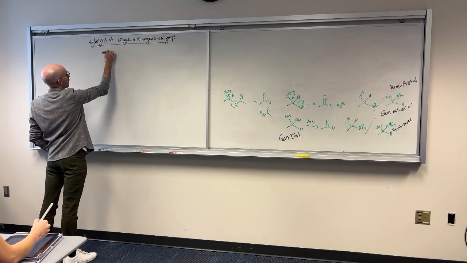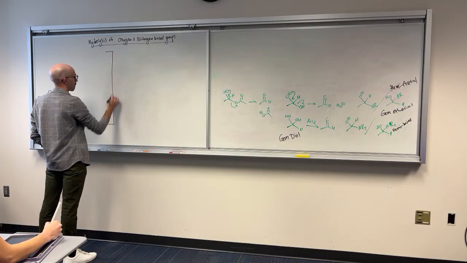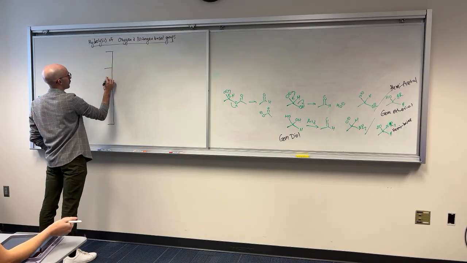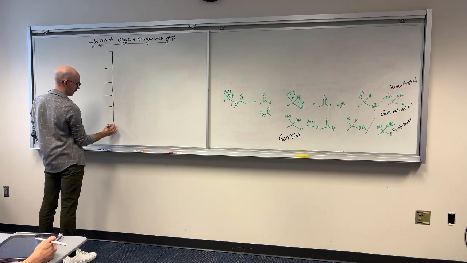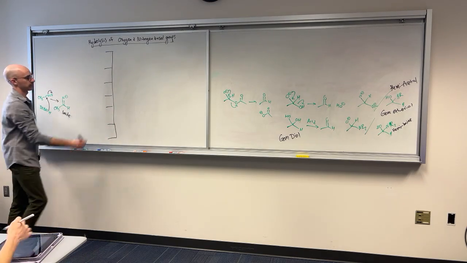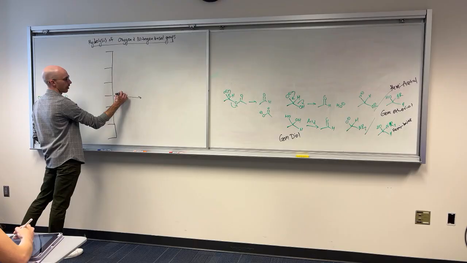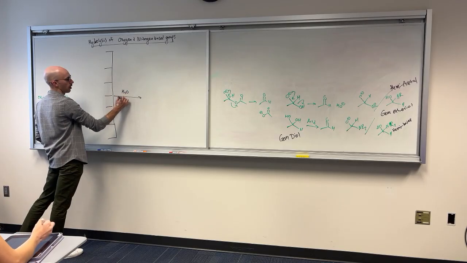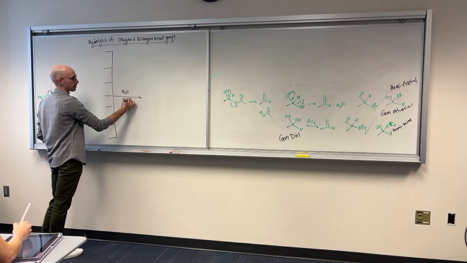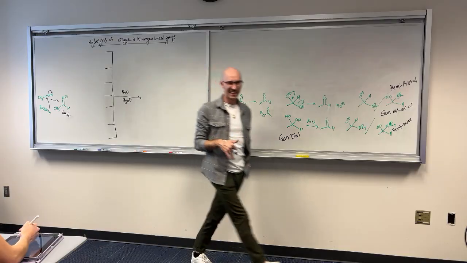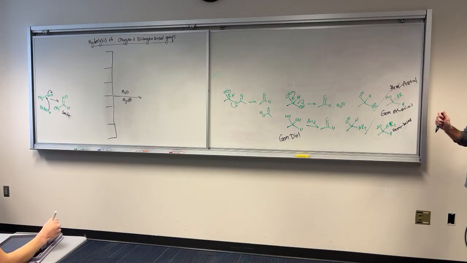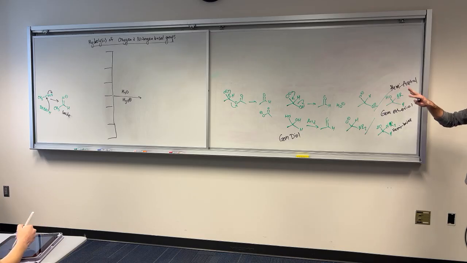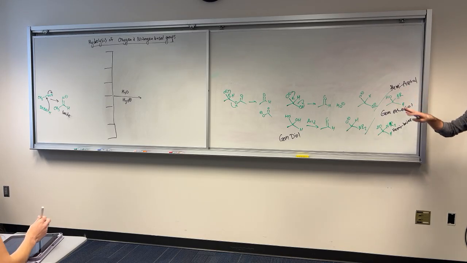All right, so 7 lines. 1, 2, 3, 4, 5, 6, 7. And our reagents here, H2O and H3O+. Acid catalyzed hydrolysis, which I want to keep in mind. That's basically the second step of DIBAL reduction.